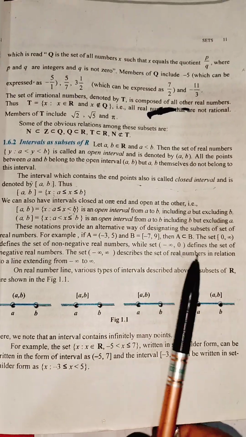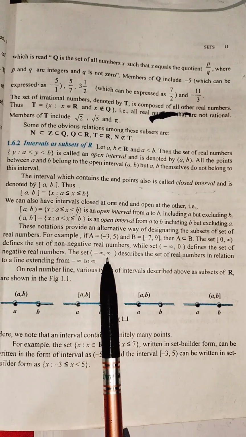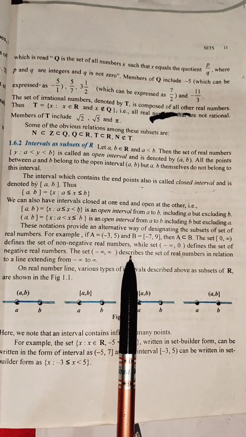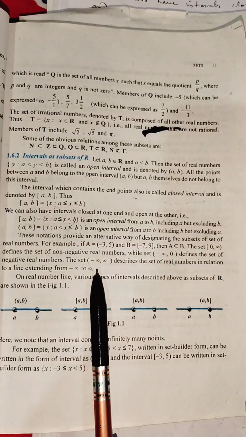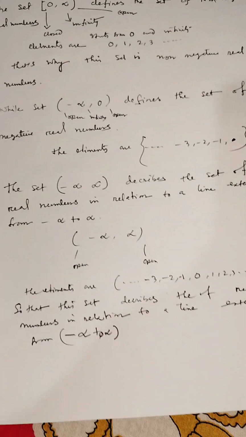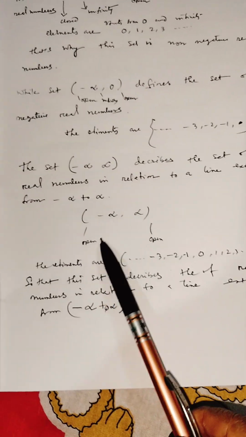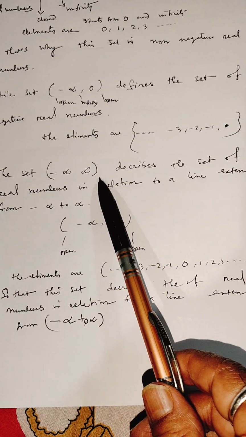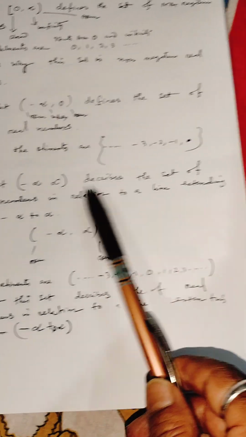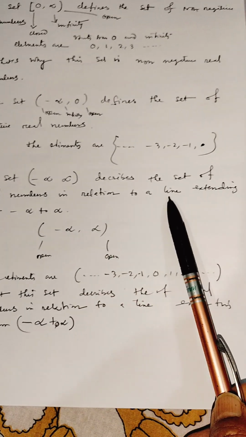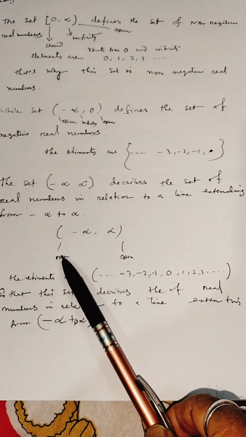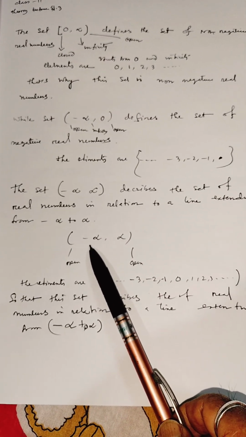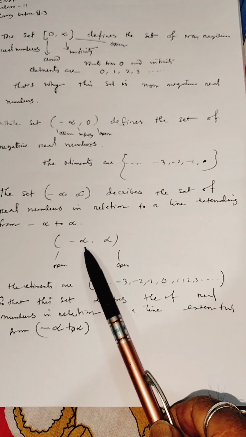So students, here is another: the set minus infinity to infinity describes the set of real numbers in relation to a line extending from minus infinity to positive infinity. The set is in between minus infinity and plus infinity.